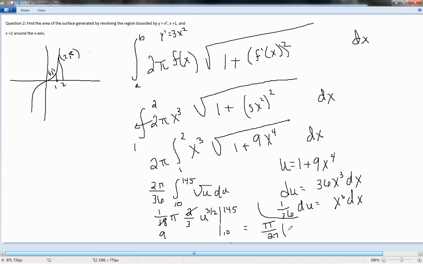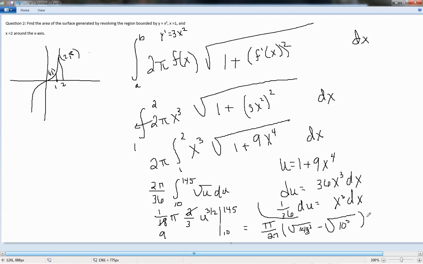and then we're going to put in 145, so we'd have the square root of 145 cubed. So remember the numerator is the exponent and the denominator is the root. Oops, sorry, that should be 145 cubed minus the square root of 10 cubed.